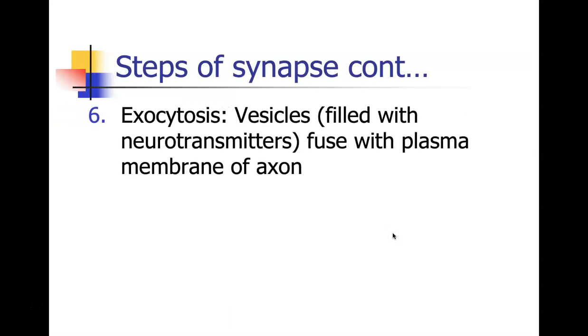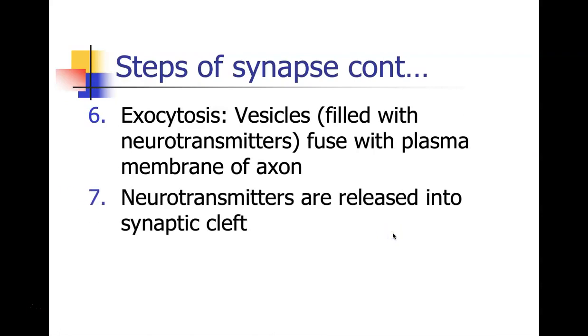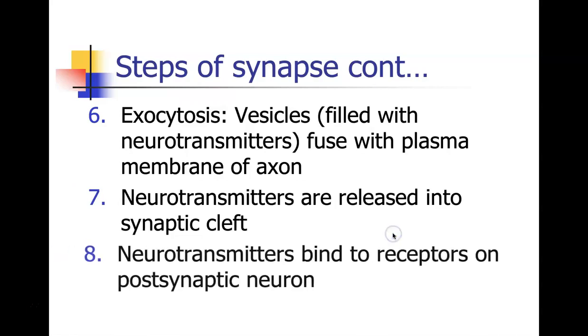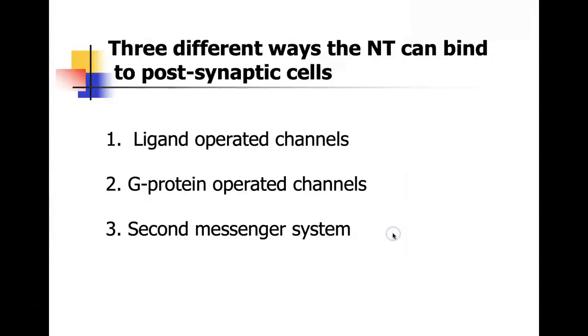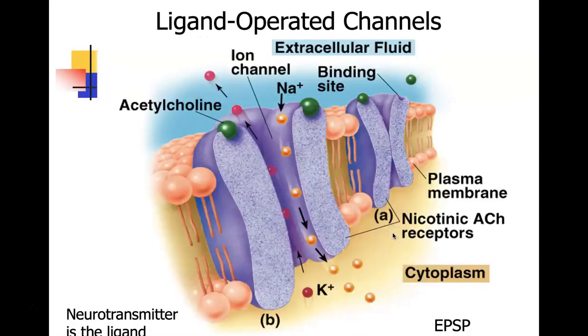So vesicles filled with neurotransmitters fuse with the plasma membrane of the axon, and those neurotransmitters then are released into the synaptic cleft. They can then bind to receptors on the postsynaptic neuron. And there are 3 different kinds of things they can do to bind to postsynaptic cells. We're going to talk about ligand-operated channels, G-protein-operated channels, and second messenger system.